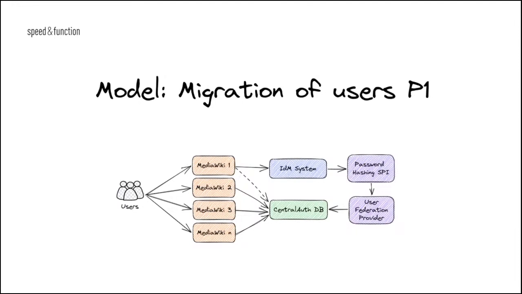So you can see we have a set of MediaWikis, and they are all connected to the central database. And then we needed to figure out how we would even roll out this IDM system to a single instance, because rolling out the solution to every MediaWiki instance all at once is highly risky and complicated. Kind of predicting the load that is going to happen, maybe something will break.